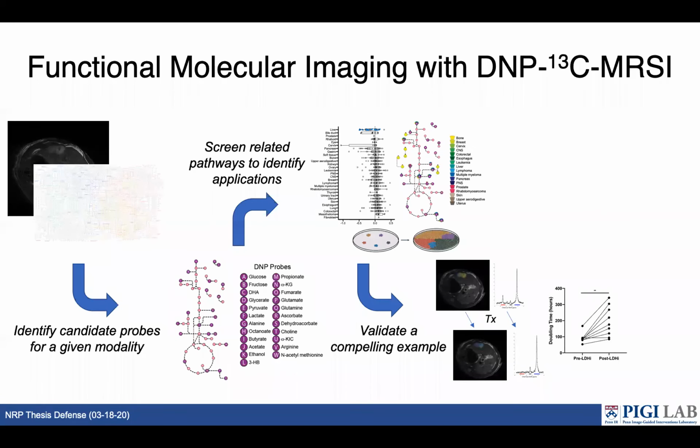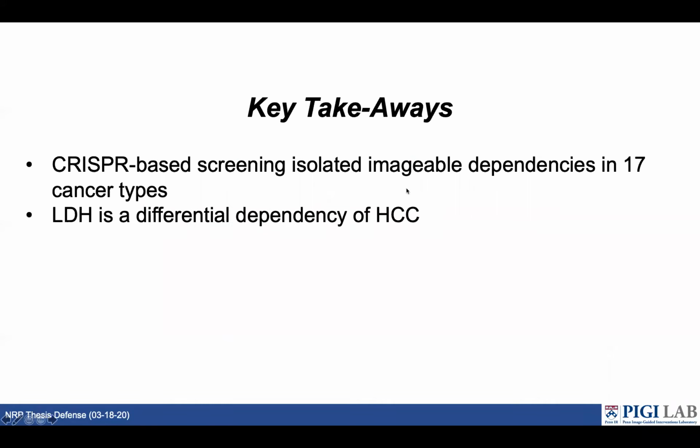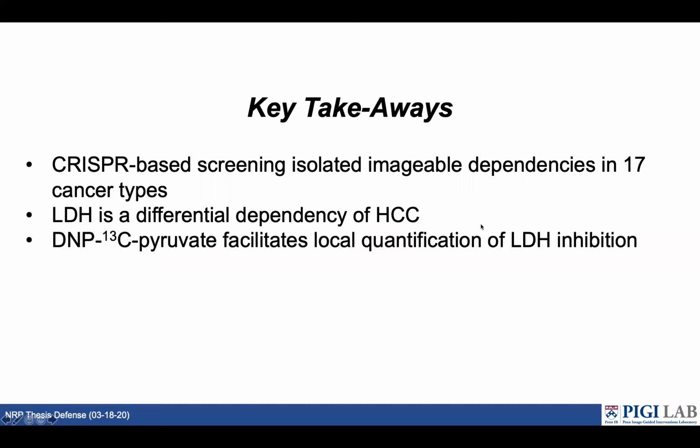And so this brings us to the end of the first part of this presentation. I just want to summarize some key points. The first was that CRISPR-based screening helped me to isolate imageable dependencies in 17 cancer types. And LDH was found to be a differential dependency of HCC. So HCC was found to depend on LDH for growth much more than the other cancers.